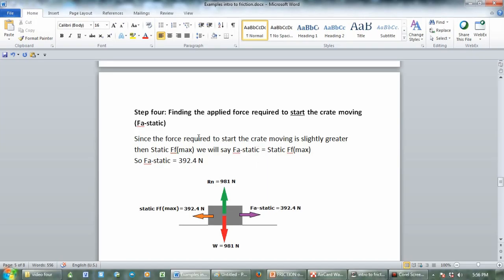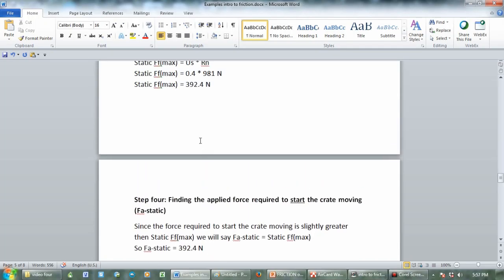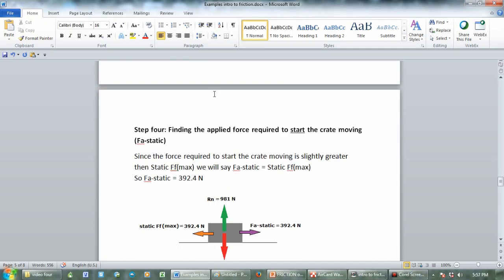We're going to call that applied force static, FA static. Since the force required to start the crate moving is slightly greater than the maximum static friction force, we will say that the applied force required to start the crate moving equals the maximum static friction force. So, FA static will equal 392.4, which is the maximum static friction force.